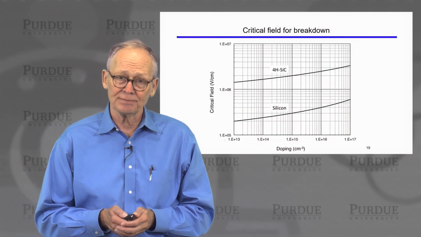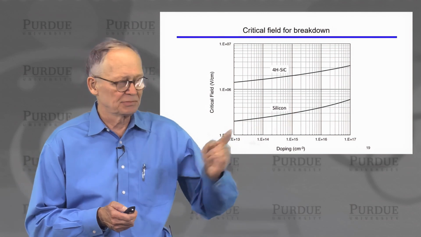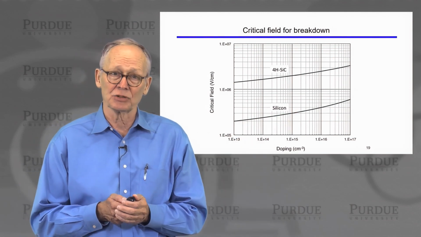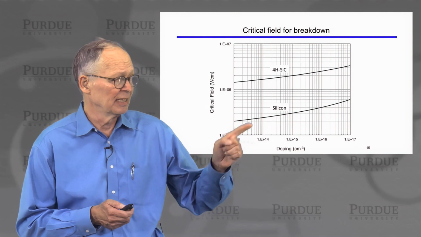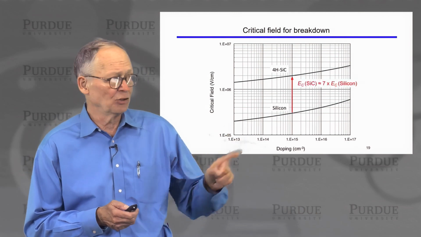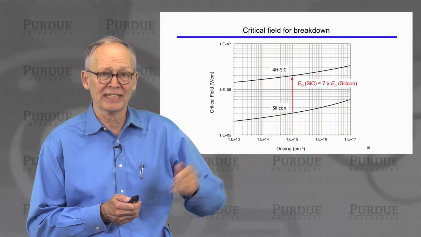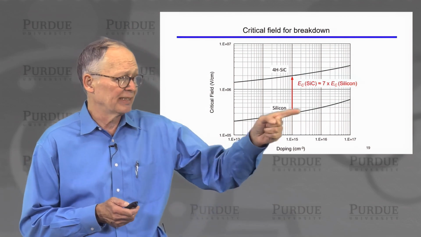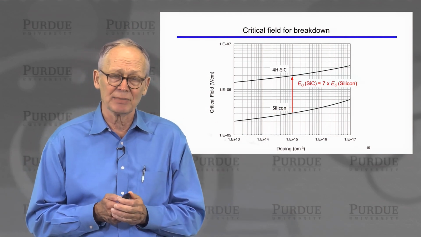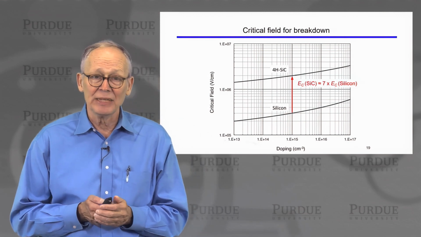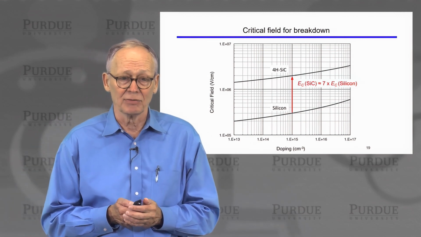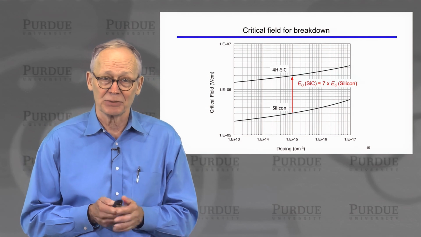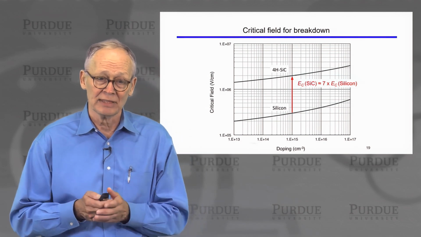The critical field depends somewhat on doping density, but it also depends strongly on the semiconductor. So for example, a lightly doped N-type silicon drift layer of 10 to the 15th per cubic centimeter would have a breakdown field that you can read off here, which is about 3 times 10 to the 5th volts per centimeter. That's 300,000 volts per centimeter.